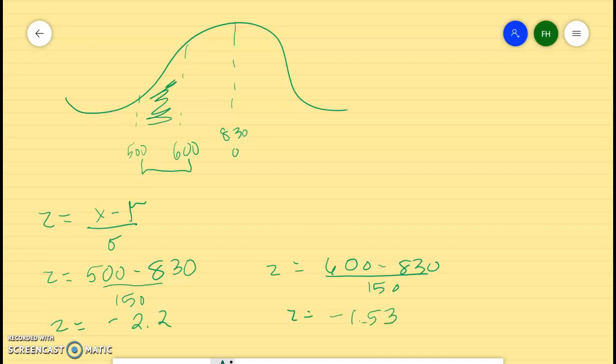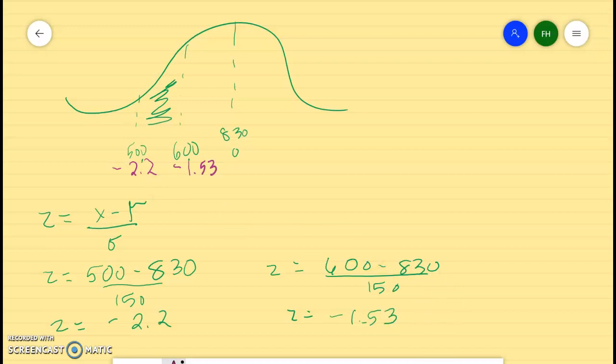So we have the z-score for the 500. What that means is 500 is approximately 2 standard deviations less than the mean, and this one is approximately 1.5 standard deviations less than the mean.